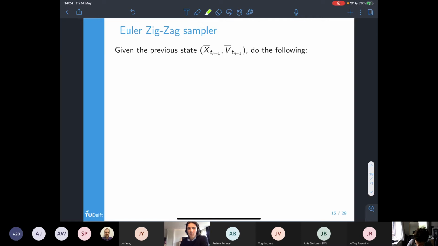Let's see in particular for the Zig Zag sampler what this would mean. Let's say again we're given position and velocity at the previous time step.